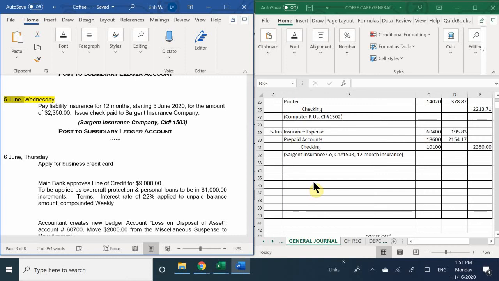Main Bank approves a line of credit of $9,000 to be applied as overdraft protection and personal loans to be in $1,000 increments. Okay. Terms, interest rate is 22% applied to unpaid balance amount and compounded weekly.